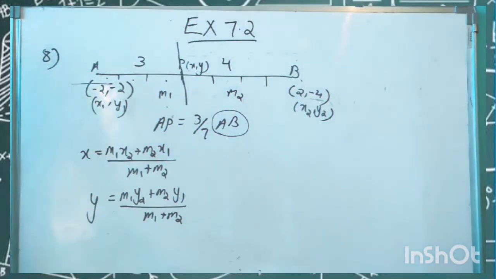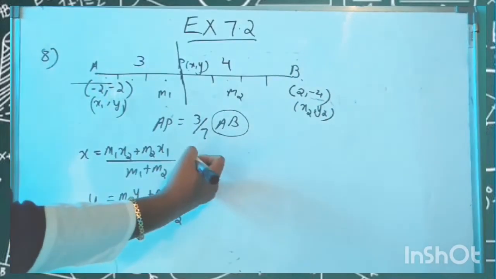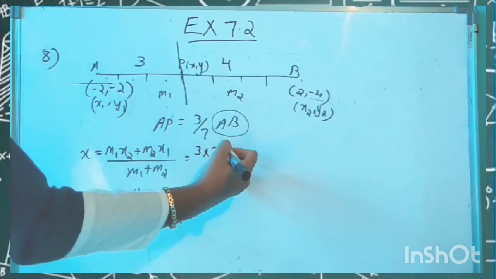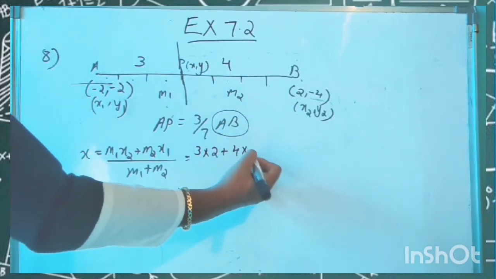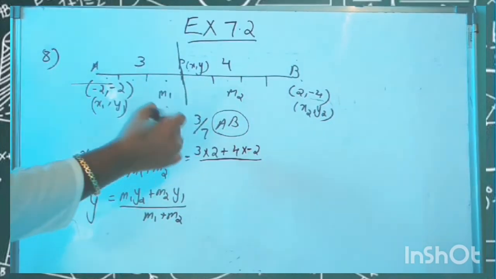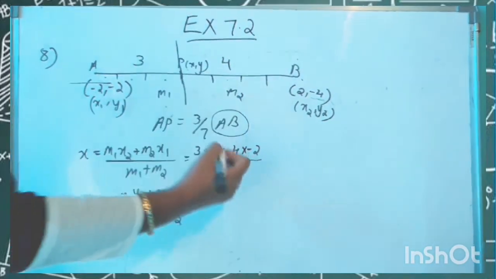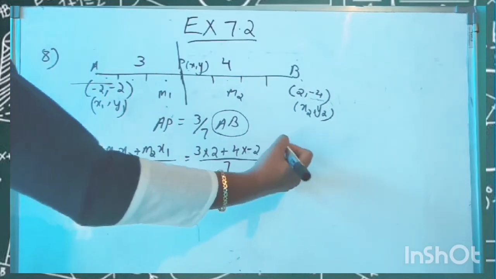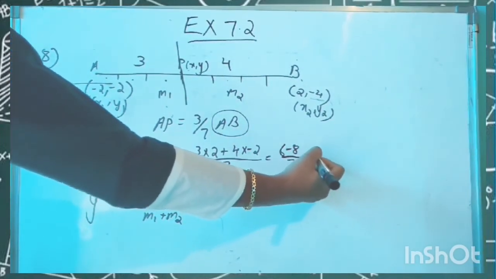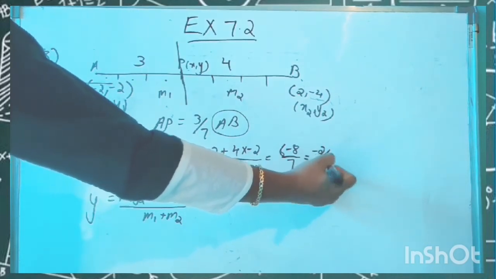Now just substitute the values. x is (3 into 2 plus 4 into -2) divided by (3 plus 4), that is 7, which is (6 minus 8) divided by 7, equal to -2 by 7.